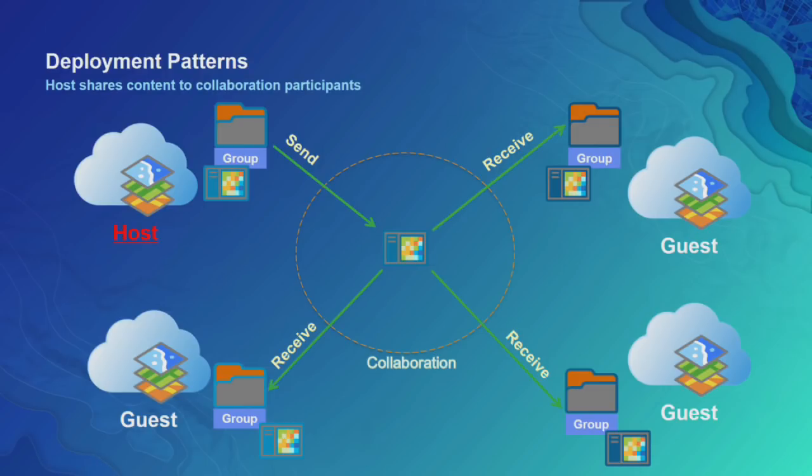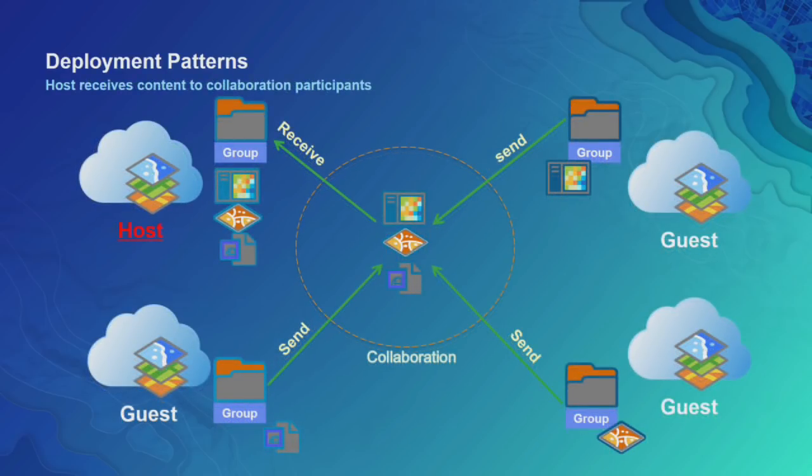On the host I have a group participating in a particular workspace, and on each of the guest portals I also have a workspace established with the group. So anytime an item is added or updated at the host, that item will get replicated into the collaboration and then pushed out to the other 3 guest portals. Think of it as a way an item can be pushed down to many different portals.